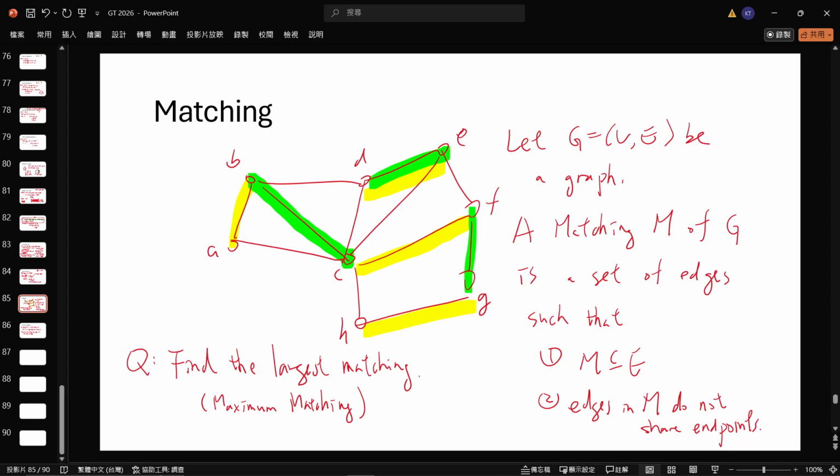So we cannot add this edge. Similarly, we cannot add this edge, and this edge. So I think it's easy to see that once you have these 3 green edges, you cannot further add any more edges. Therefore, these green edges form a maximal matching, okay?